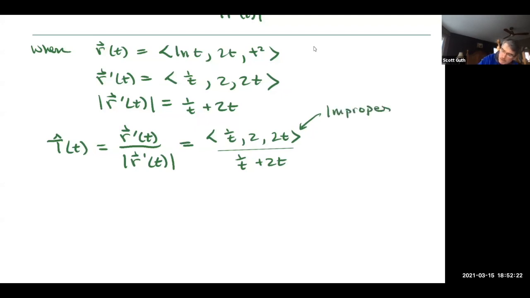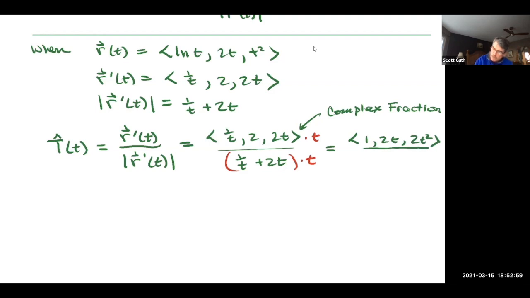No, that's not an improper fraction. What do they call this? A complex fraction? I haven't taught algebra in so long. This is a complex fraction, which is bad. So we're going to multiply the top and the bottom. I think we should just multiply by t, right? So let's multiply by t. And that'll look better. So we'll just have 1, 2t, and 2t squared on top.